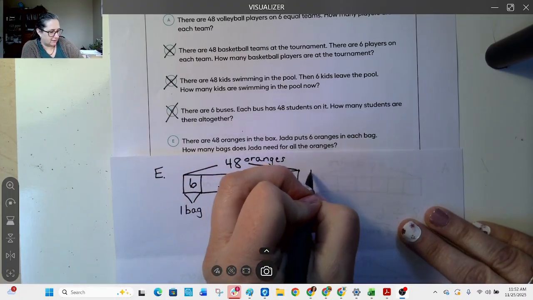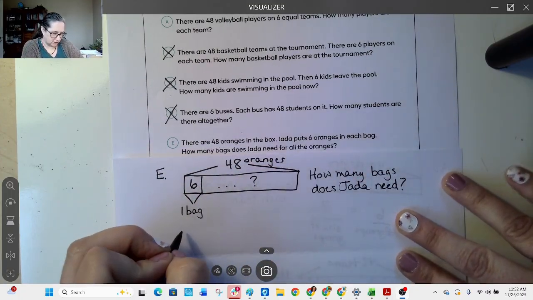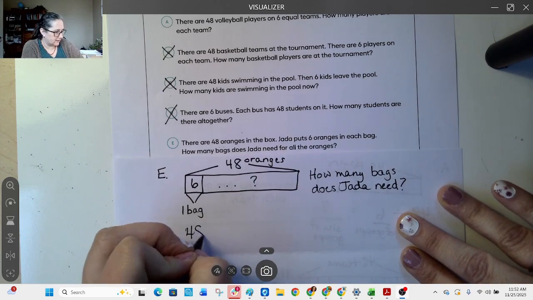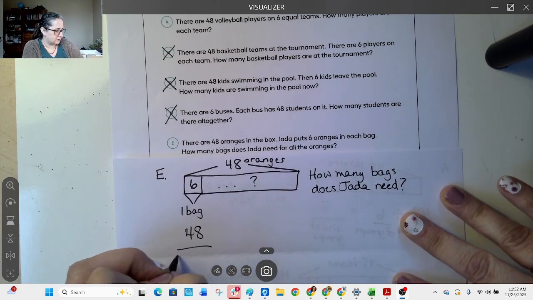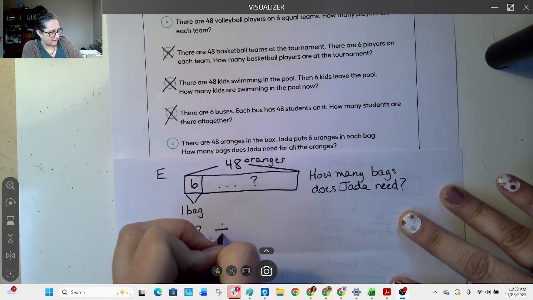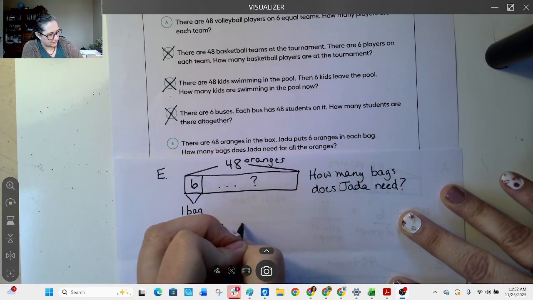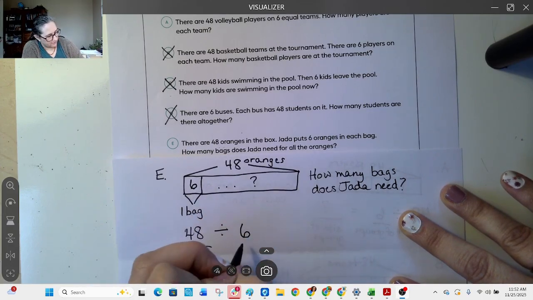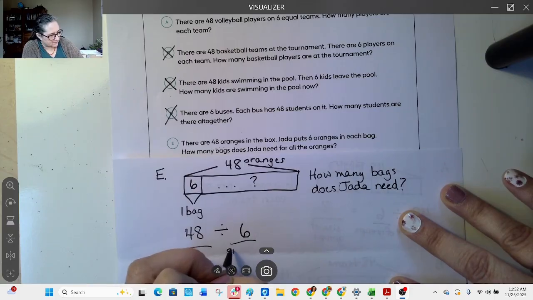how many bags? So in this situation, we know we have 48. That's our total. And we want to divide it up into bags of 6. So this is the size of the groups.